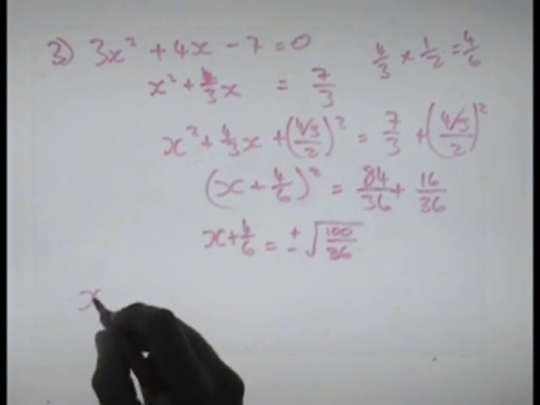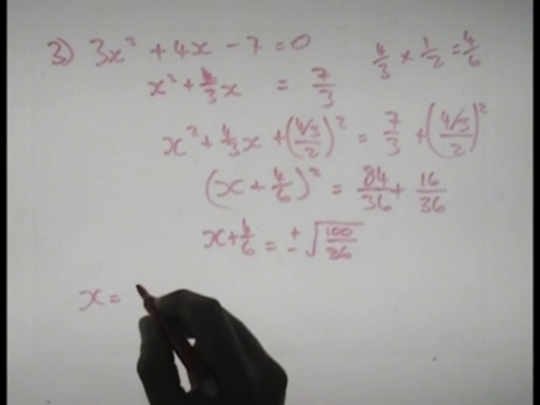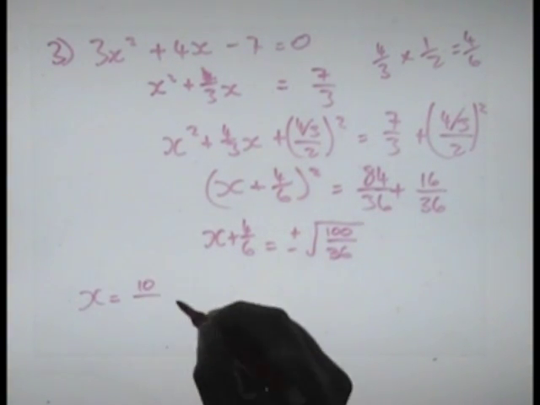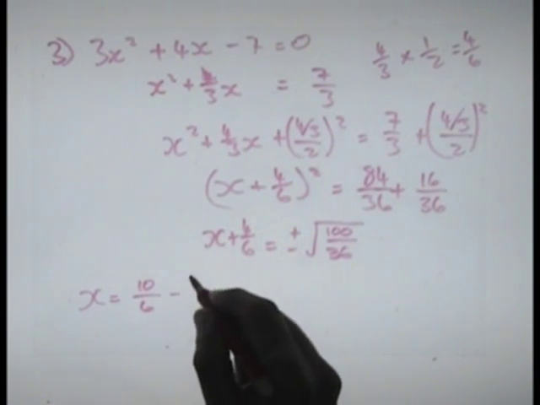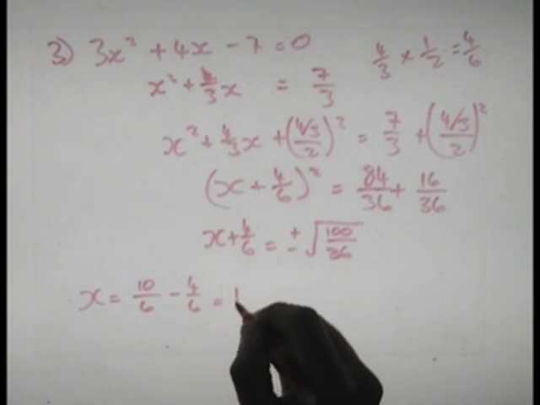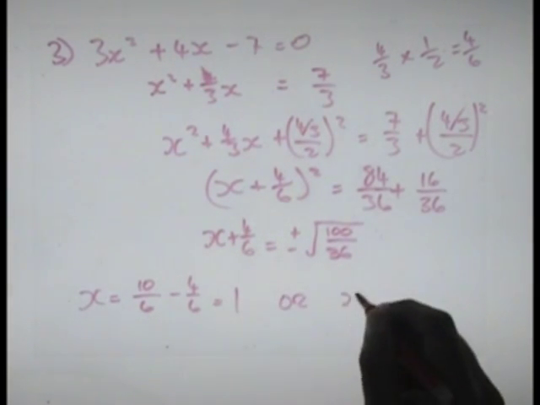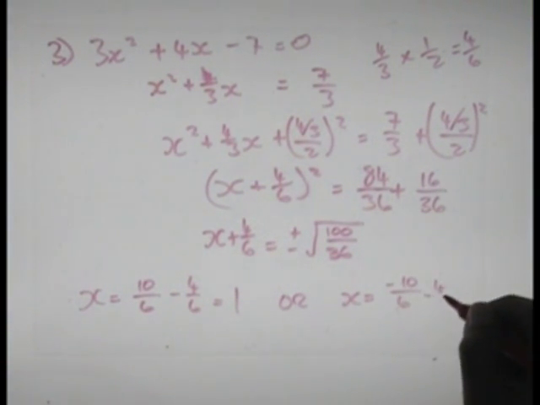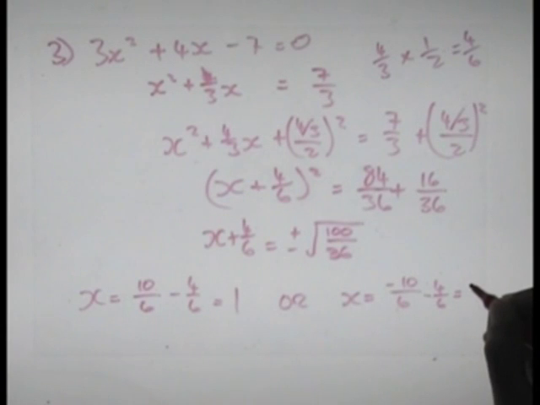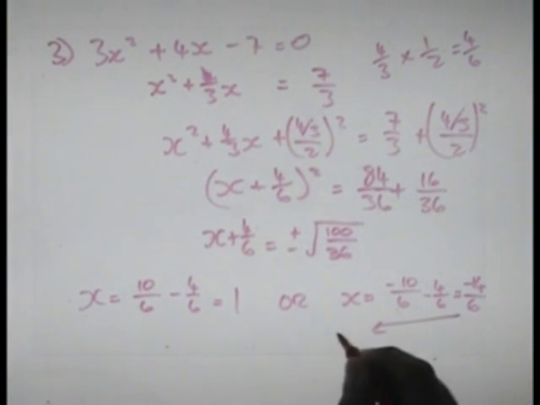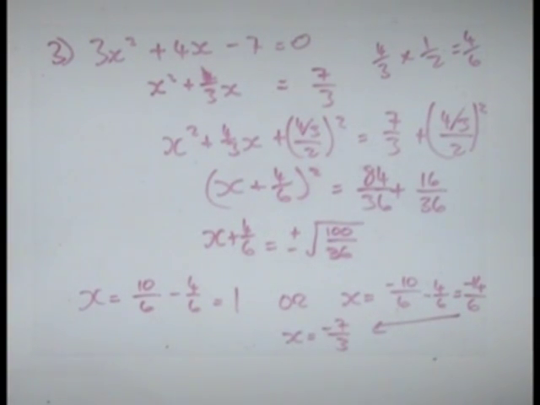That means that x is either equal to positive square root of 100 over 36, which is 10 over 6, minus 4 over 6. 10 minus 4 is 6 over 6 is 1, or x is equal to negative 10 over 6 minus 4 over 6, which is equal to negative 14 over 6, which can be simplified to negative 7 over 3.